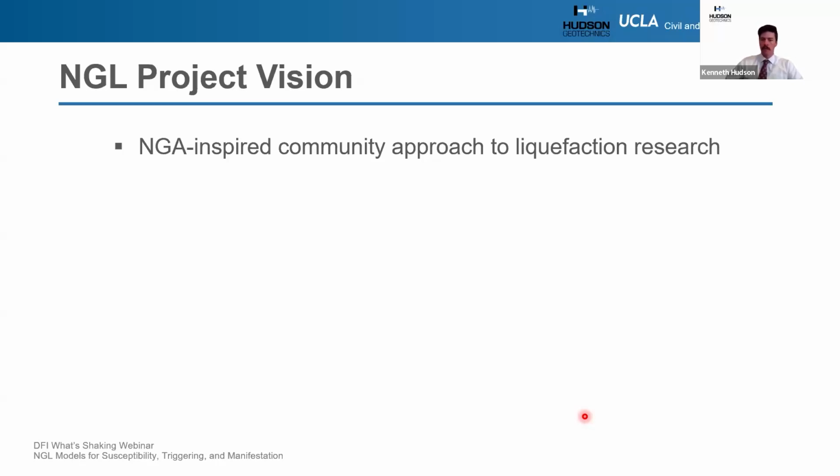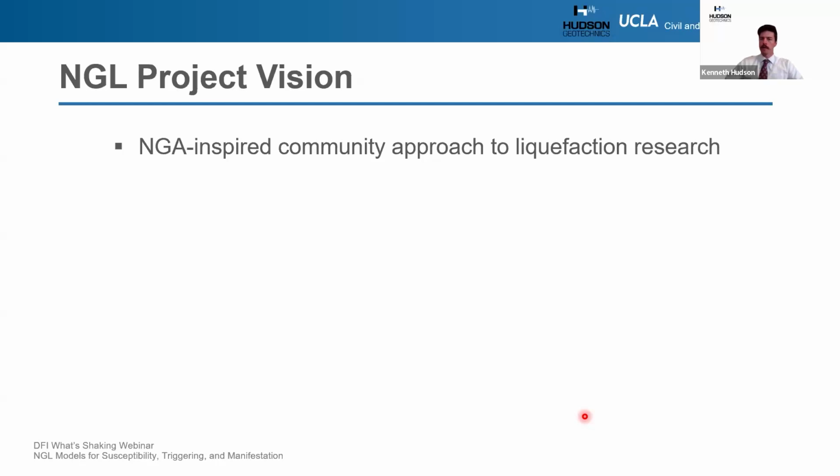At the time, we really recognized that there was a large number of new case histories that were being developed from recent earthquakes, such as Tohoku and the New Zealand earthquakes. We needed to consider those, and add them to all the previous case histories that had been used in the past for liquefaction modeling.